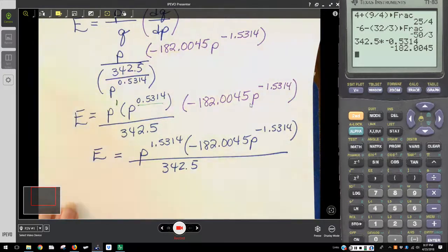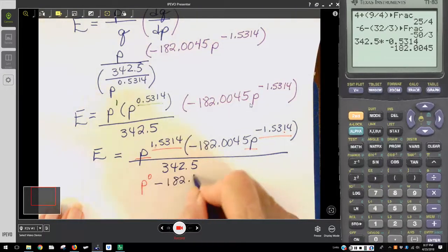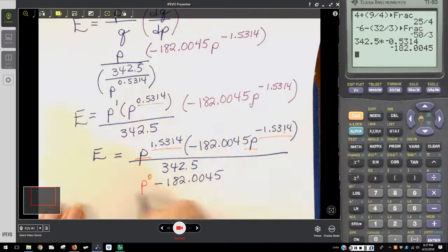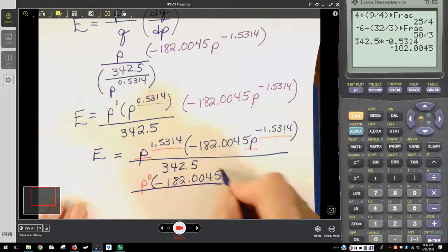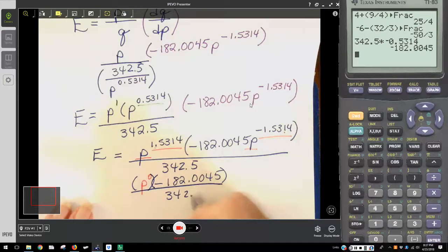And what happens is, again, here you got P to this power and P to this power, but when you add this power to this power, you wind up with P to the 0. So that's P to the 0 times negative 182.0045 over, and remember this is times, it's not a subtraction, over 342.5, and that's the value of E.